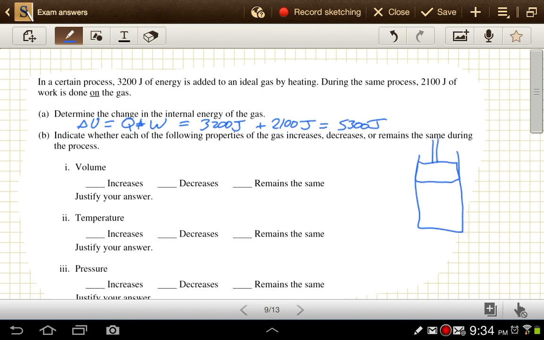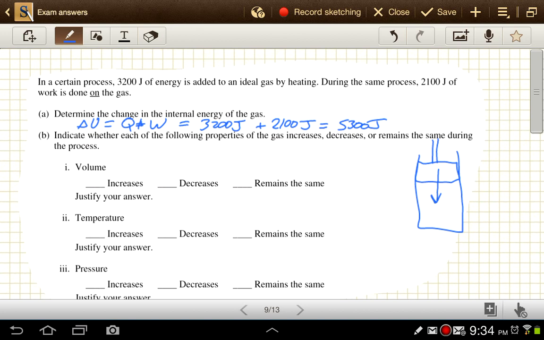It doesn't mention a piston, but this is just a good way to visualize any of these ideal gas law and first law of thermodynamics questions. You can think of them all as being with pistons. So if work is being done on the gas, that means that the piston is moving downward, applying a force down on the gas and compressing the gas.